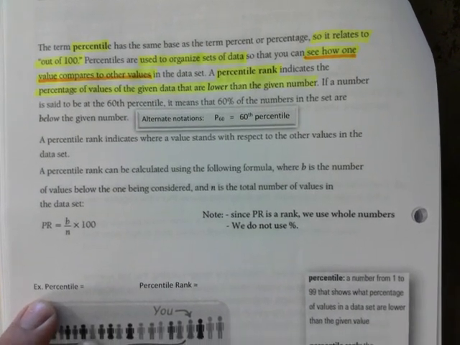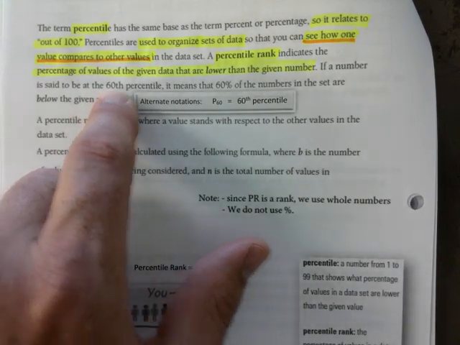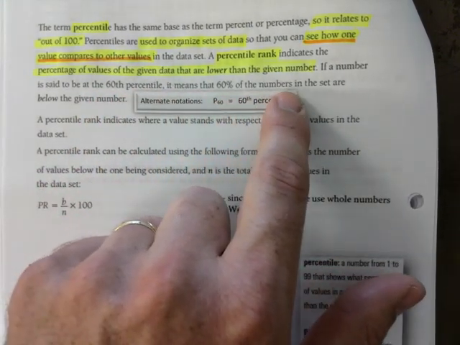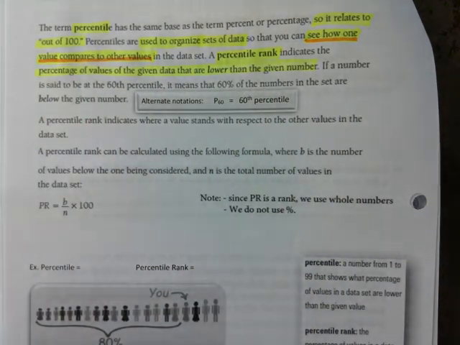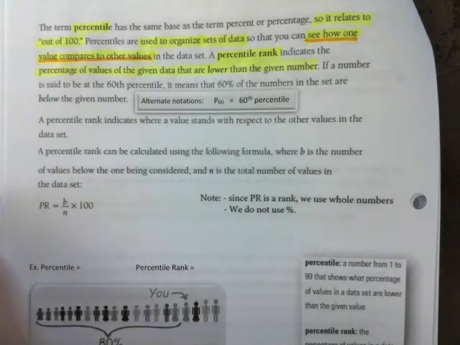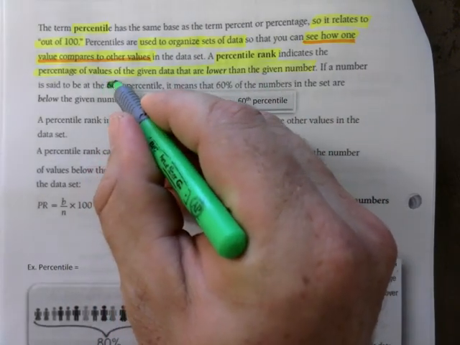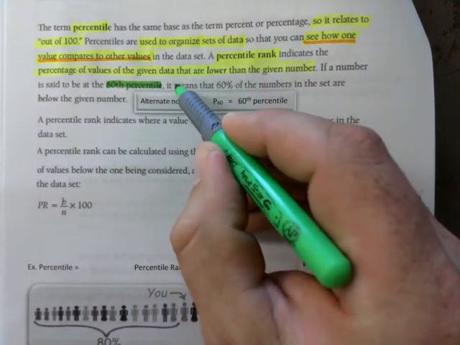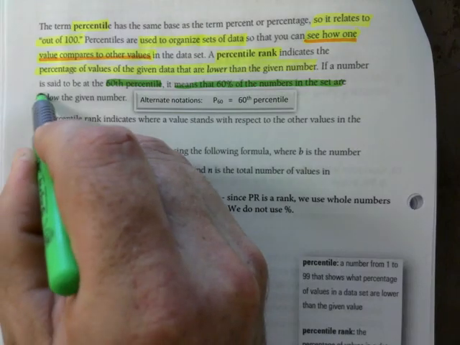If a number is said to be at the 60th percentile, it means that 60% of the numbers in the set are below the given number. I'm going to use a different highlighter for that one. If you see the word 60th percentile, it means that 60% of the values are below the given number.